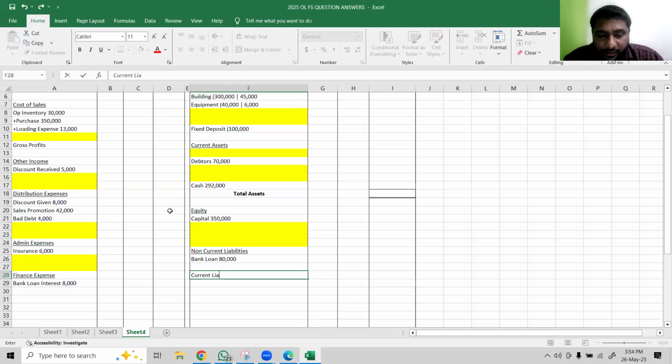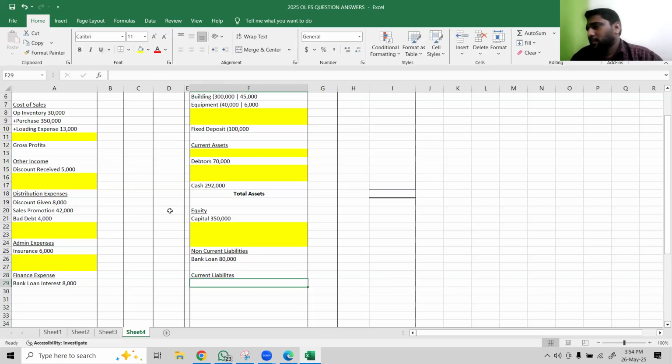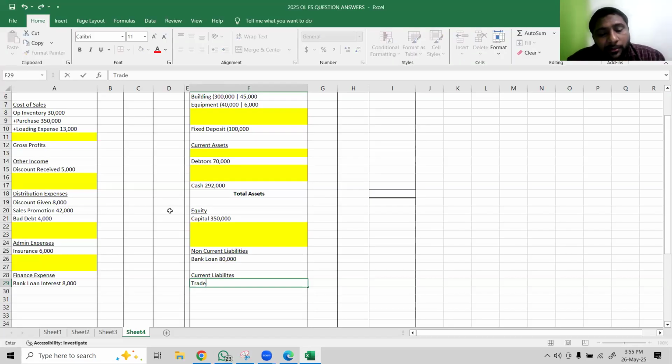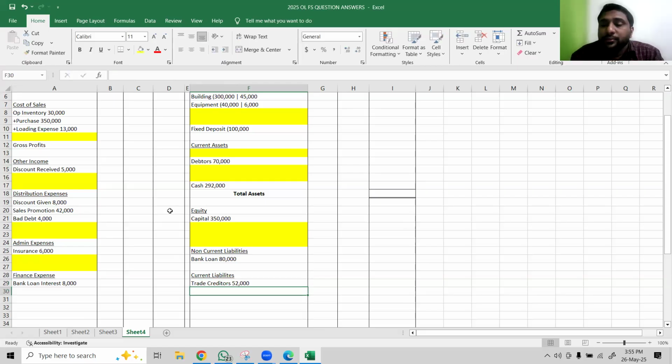Then current liabilities. We have trade creditors 52,000.